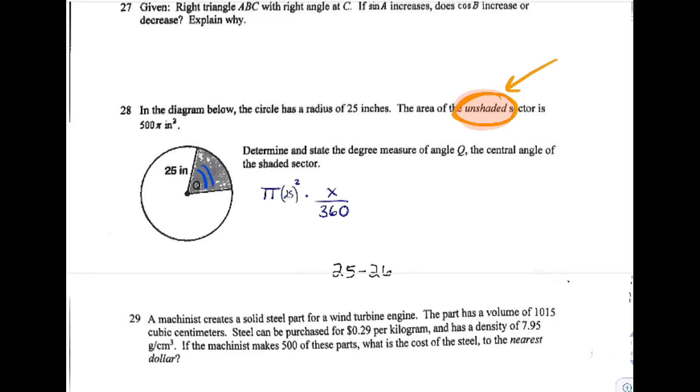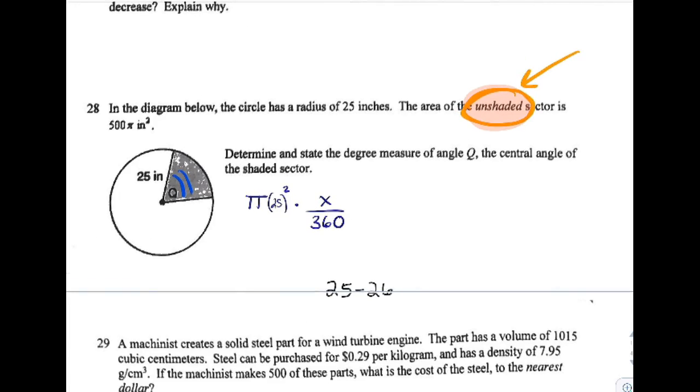And this was a little more complicated problem here. It's got to do with sectors, which we just talked about. They want to know the area of the shaded sector, but it gives you the area of the unshaded sector. So I'm going to do this the way I taught you to see if it makes sense to you.